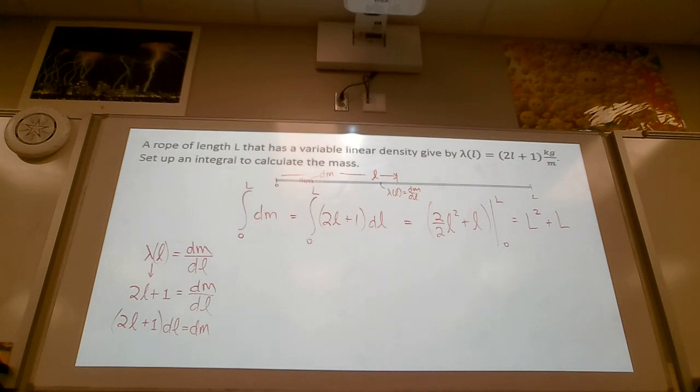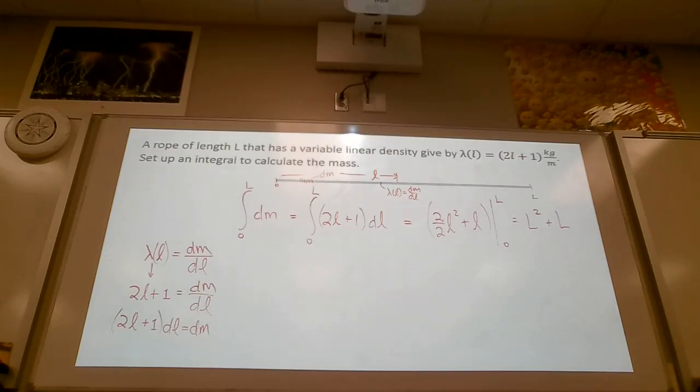So it works out unit wise because we got a funky unit here. Say we express that, we would plug stuff in, it would end up being kilograms. But wait, yeah, our answer is meters squared plus meters. So I think I should change that.